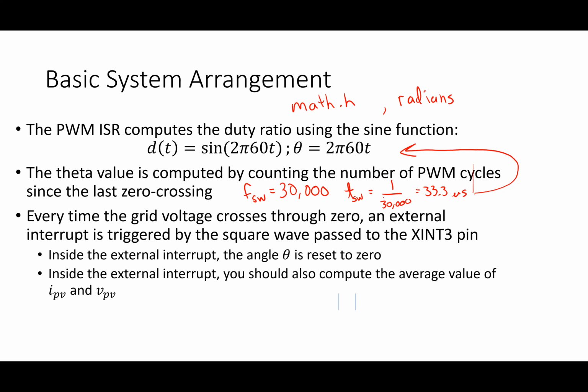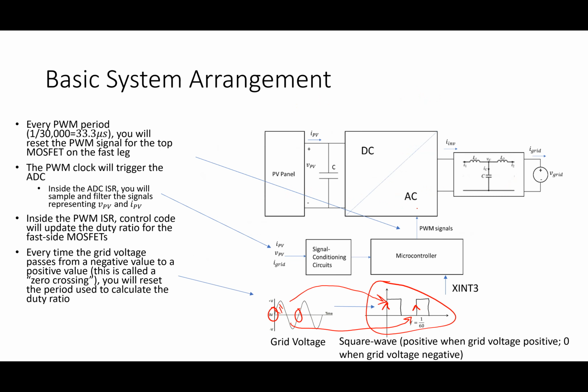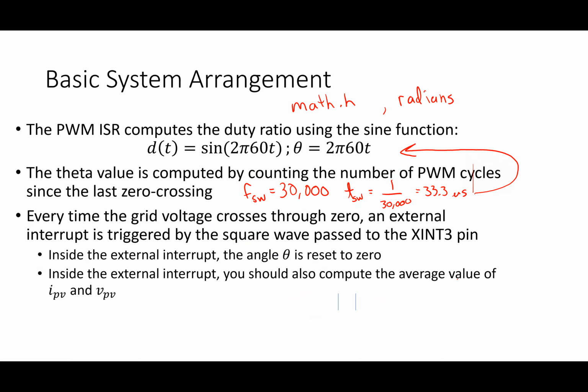All right. So every time the grid voltage crosses through 0, I'll have that external interrupt. So that external interrupt that I'm showing down here, this guy, happens every time I pass through 0. Inside that external interrupt, I'm going to set angle theta back to 0. Just hard set it back to 0.